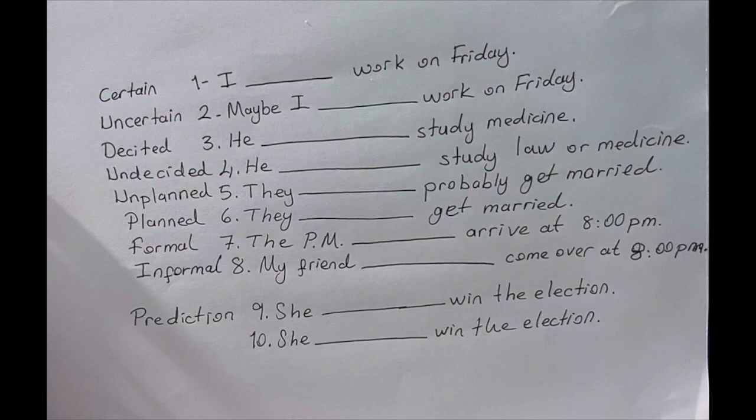Now, let's practice what we learned. So, remember, you are going to use either going to or will. The first one is something certain. I work on Friday. What would you say? I'm going to work on Friday.